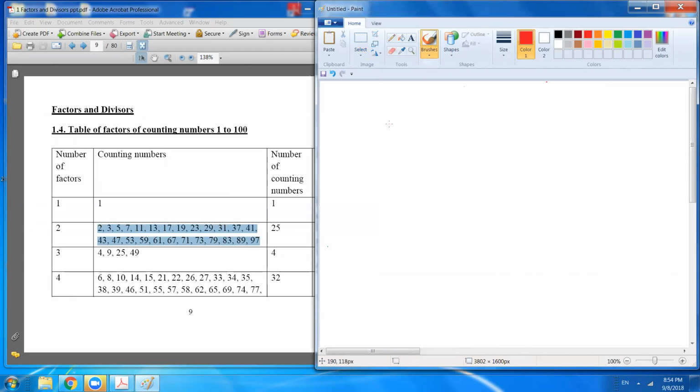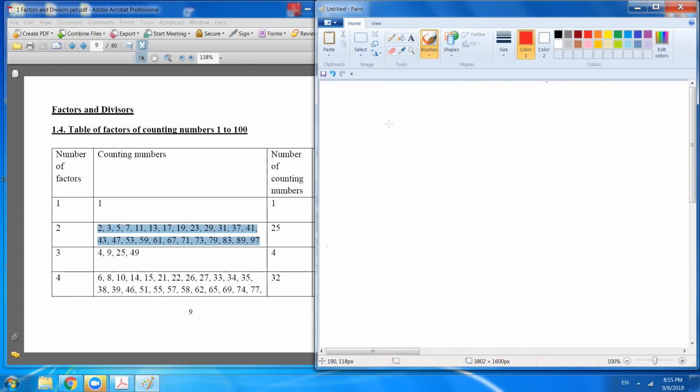Prime numbers, right? For a prime number, the exponent is what? 1. So 1 plus 1 is what? 2, that's by formula, right? Number of factors, all prime numbers will be 2.